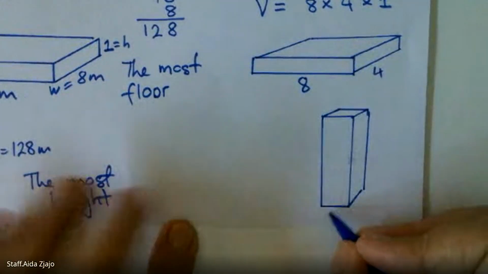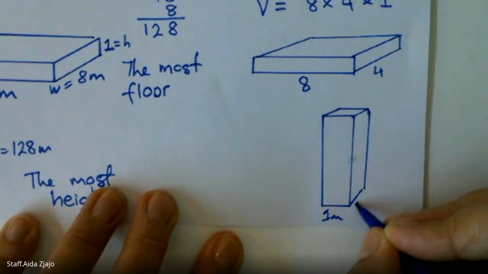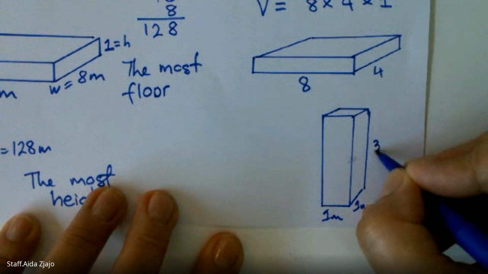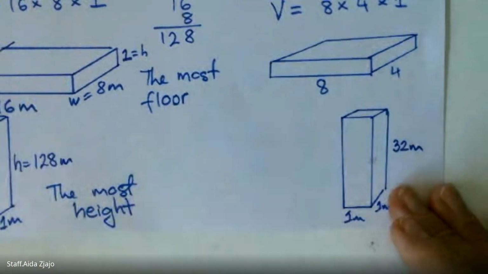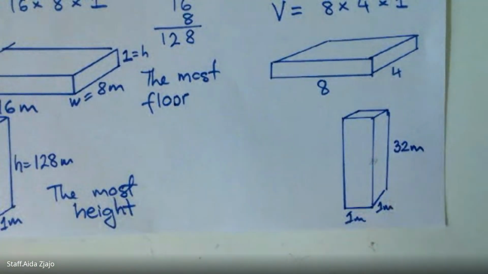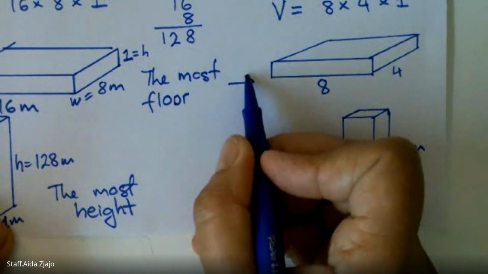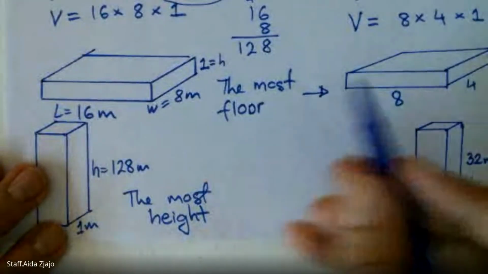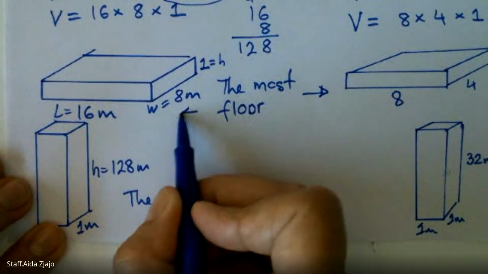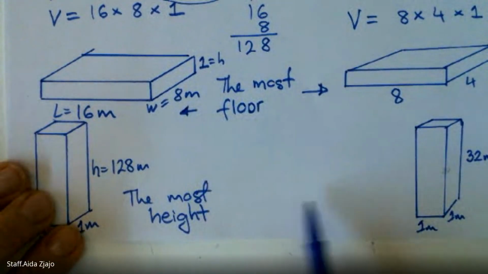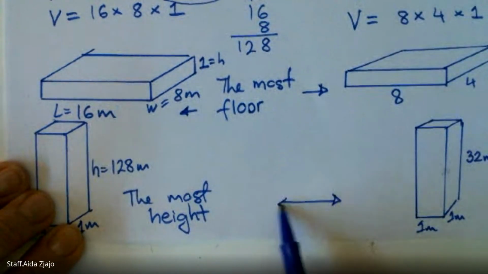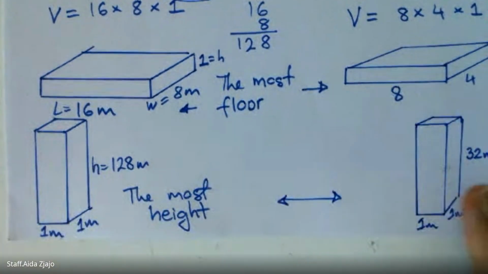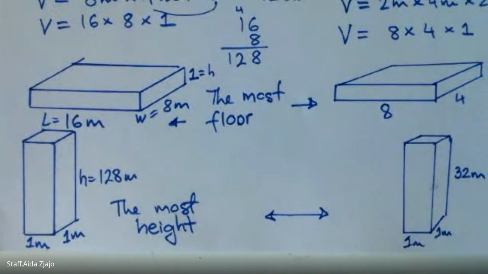So this should be 1 meter times 1 meter times 32 meters. This will take the most space for a half floor space, and this will take the most height space if they choose to use those.